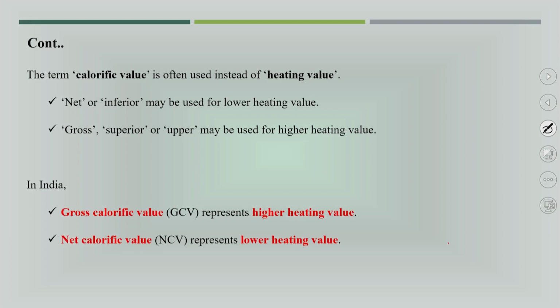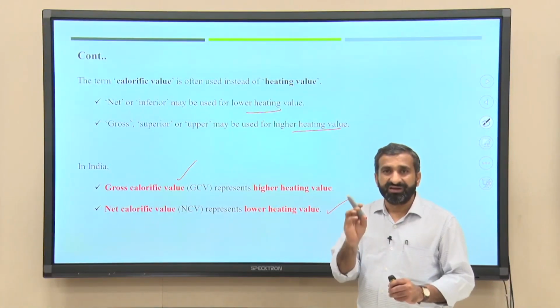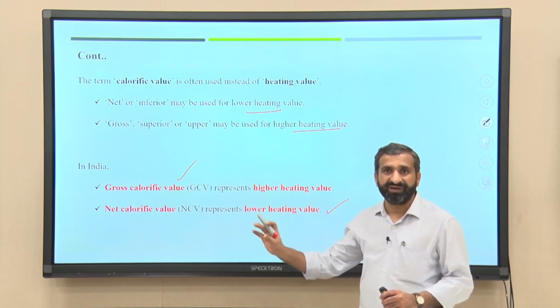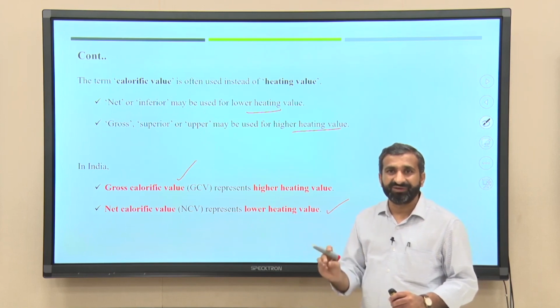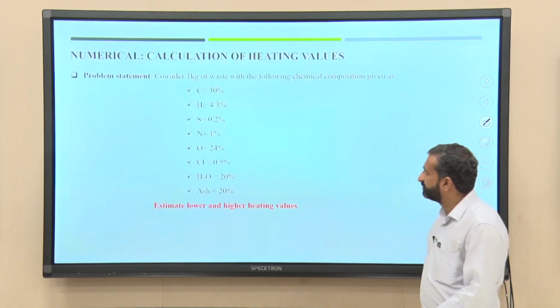Lower heating value in India is called net calorific value, and higher heating value is called gross calorific value, GCV and NCV. Just again I am repeating that in India we call higher heating value gross calorific value, and lower heating value net calorific value.